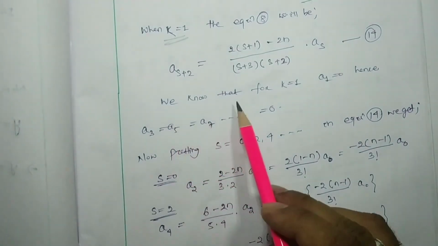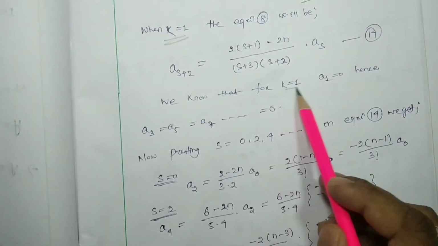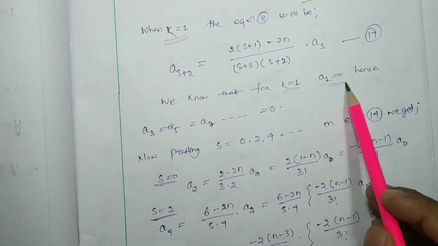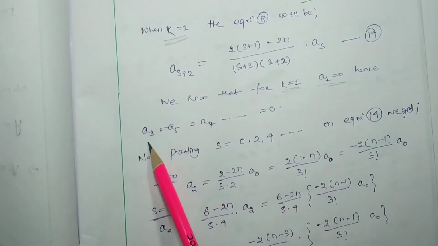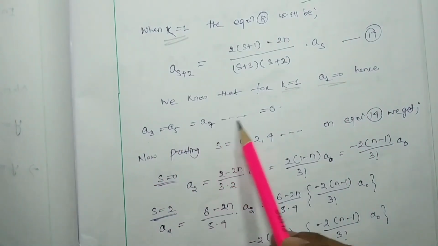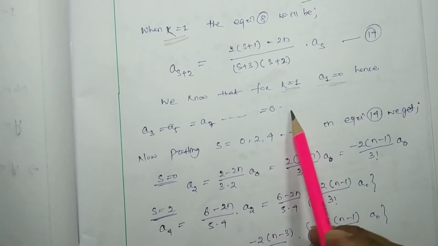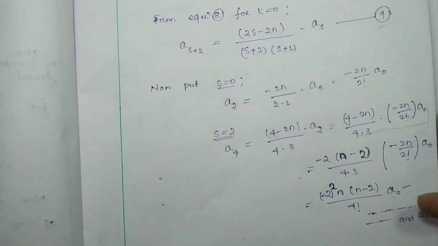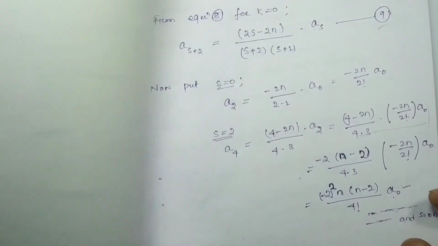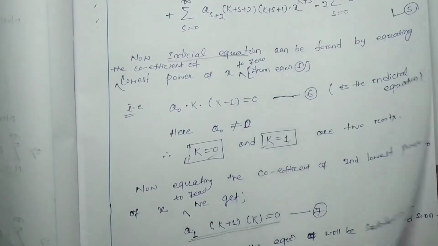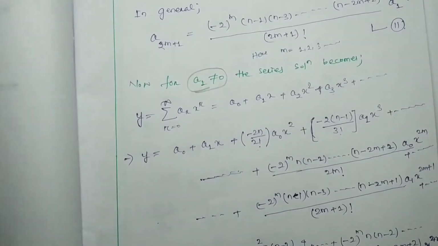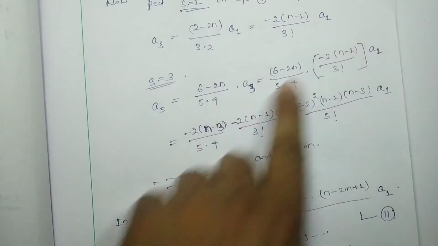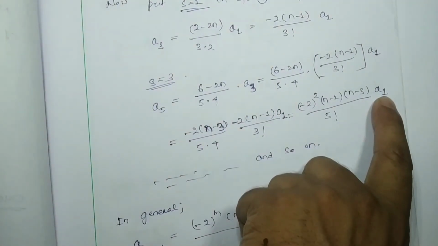Now we know that for k equal to 1, a1 equal to 0. Hence a3, a5, a7 and all the odd a values are going to be 0, because whenever we find a3, it will be a multiple of a1, and a5 is a multiple of a1.